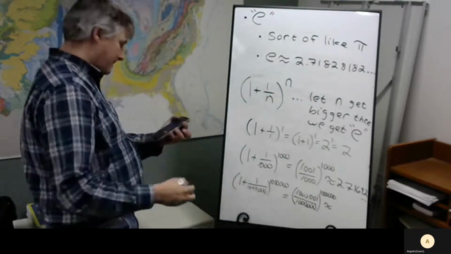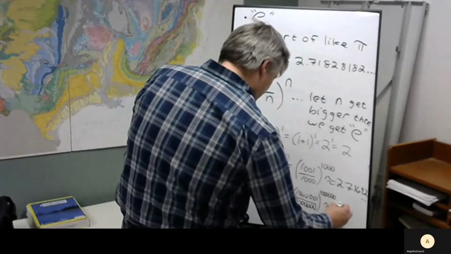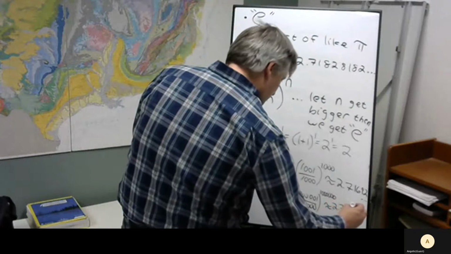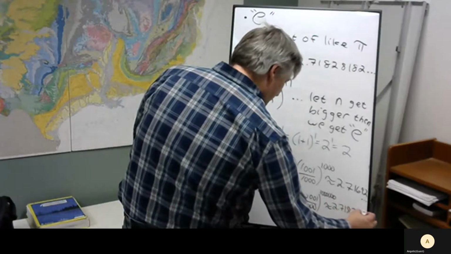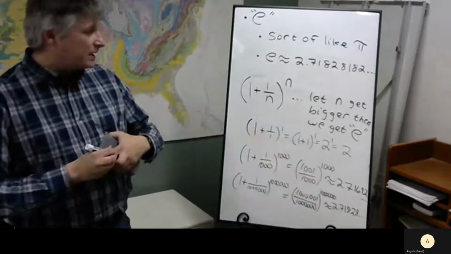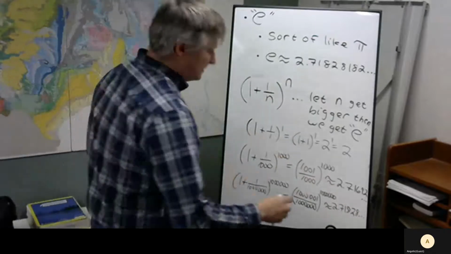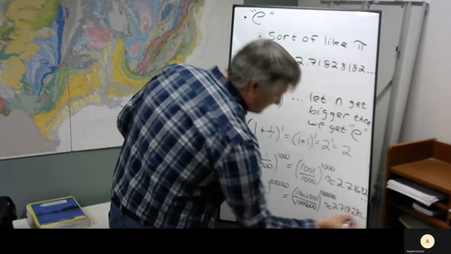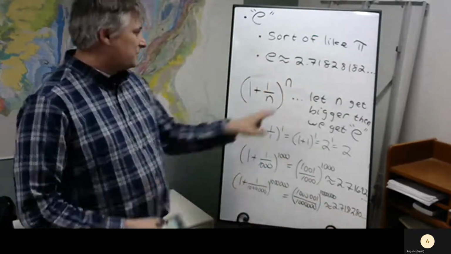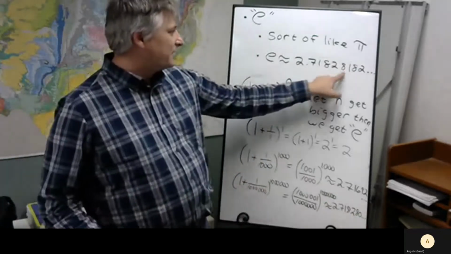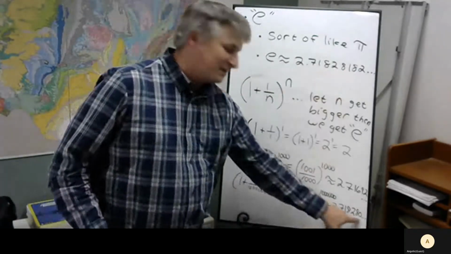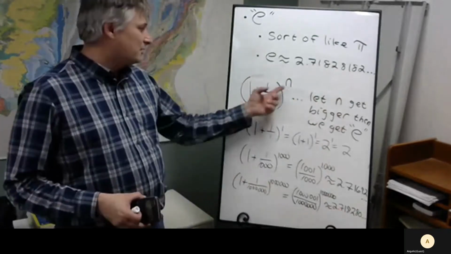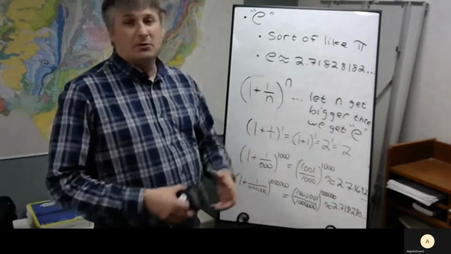Here we go, 2.71828, dot, dot, dot. But already we're closing in on it. I'll give you the next number. This is the one that's going to be different: 0, and then it keeps going. So when n is 1,000,000, we get up to here, and then we get a 1, and this one it's a 0. But the idea is that as you choose bigger and bigger n's, you get closer and closer to this number.